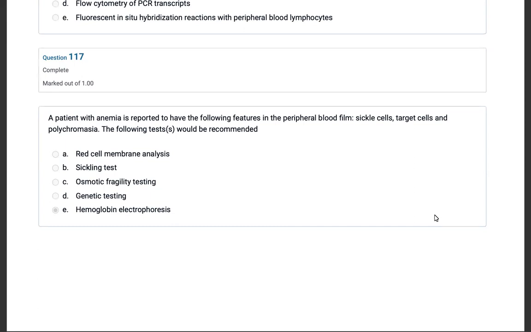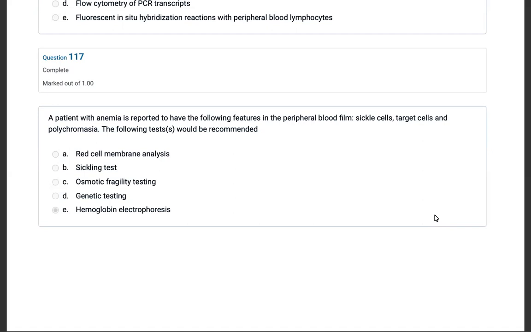So a patient with anemia is reported to have the following: sickle cells, target cells, as well as polychromasia. So which test will be recommended? As they've already shown us, we're having sickle cells. Most likely you're looking at a sickle cell trait or disease.